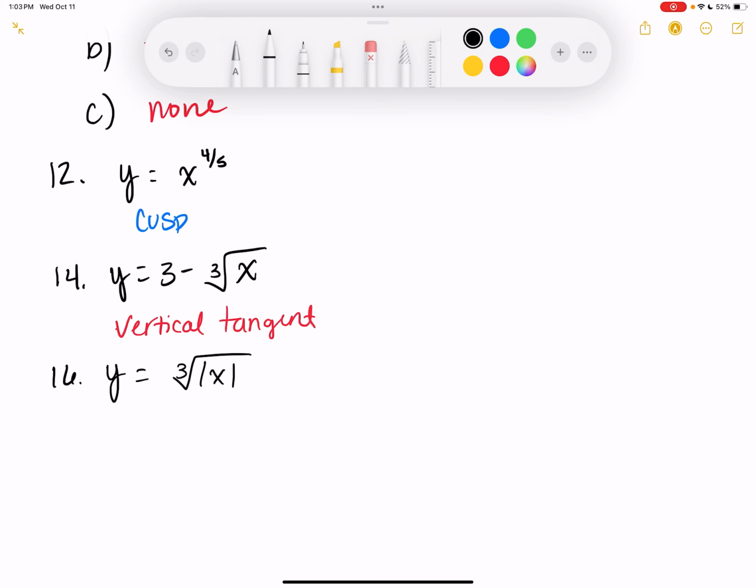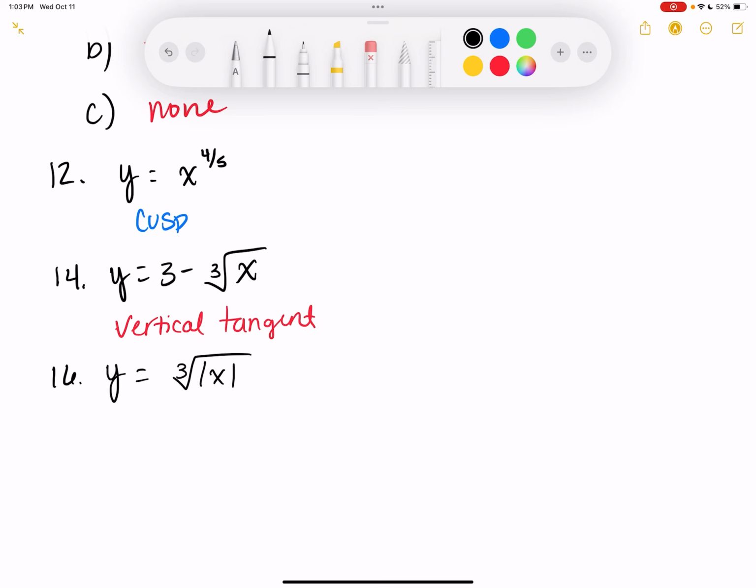Without looking at the graph, what might you have said this was going to be? In the notes we had the cube root of x was a what? A vertical tangent.